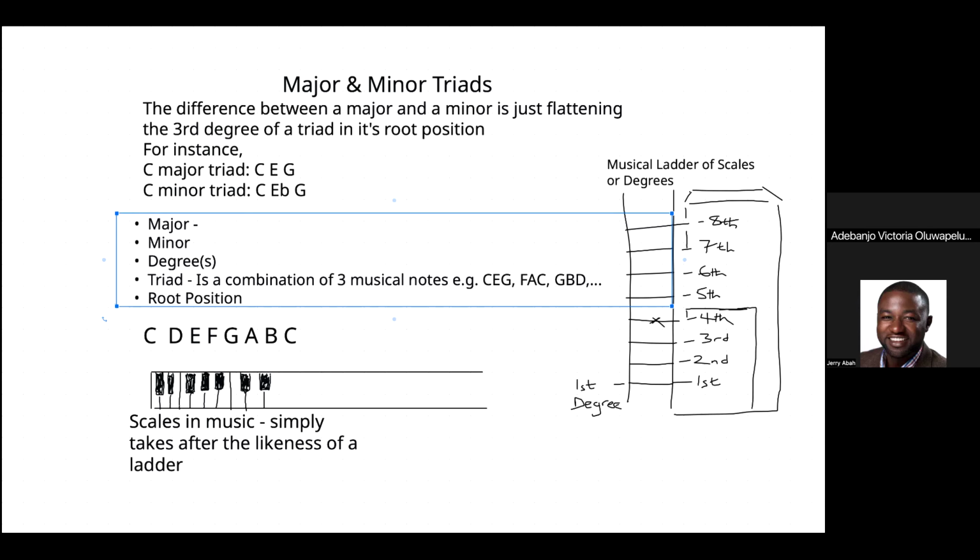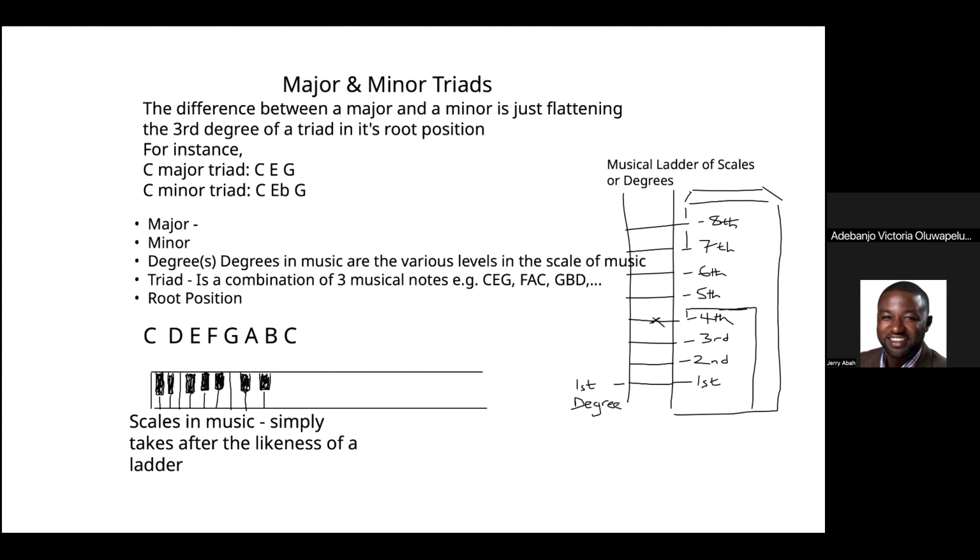Is that simple enough? It is. Just like you're climbing a ladder, you have the first scale, that's the first degree, second scale, second degree, third scale, third degree. It's like that.